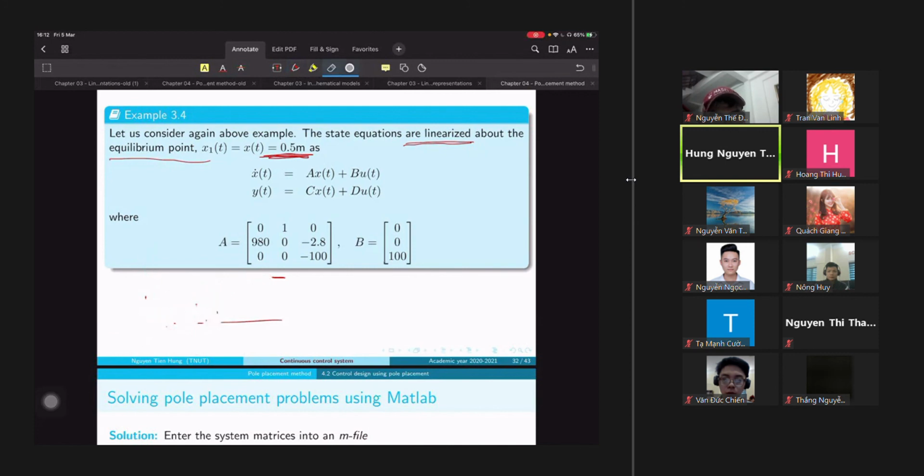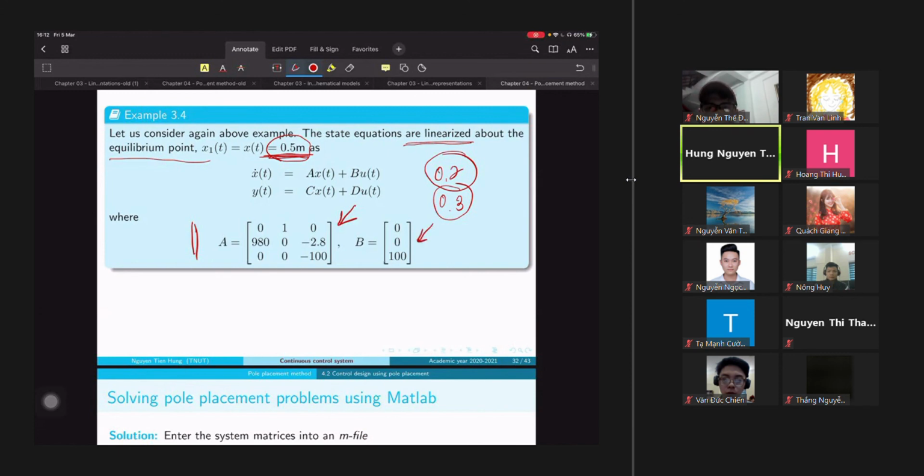So we assume that we got these models by linearization, and if we are not working at this distance, for example 0.7 or 0.3, meaning that you get a new equilibrium point, then you may get a different system matrix and system input matrix.